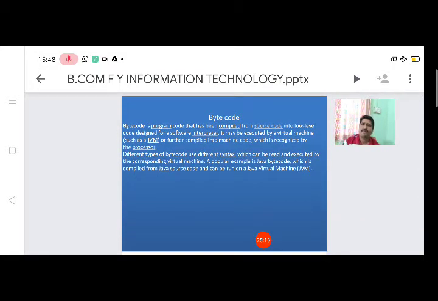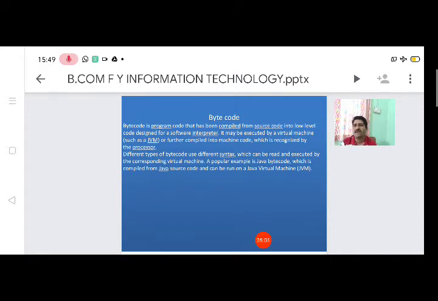And the next point, bytecode. Bytecode is similar to OP code. Bytecode is program code that has been compiled from source code into low level code designed for a software interpreter. It may be executed by a virtual machine such as a Java virtual machine, or further compiled into machine code, which is recognized by the processor.